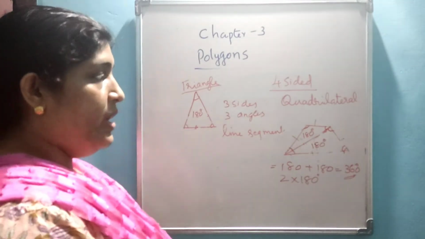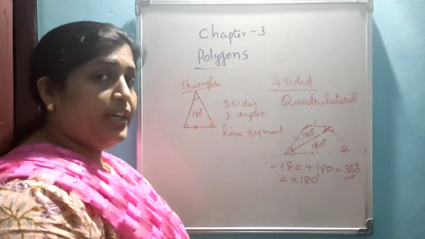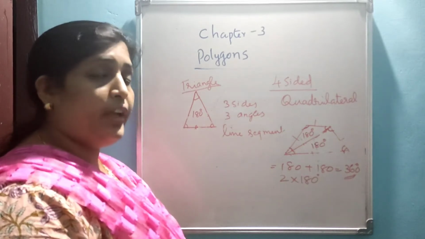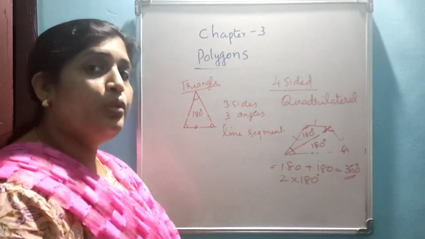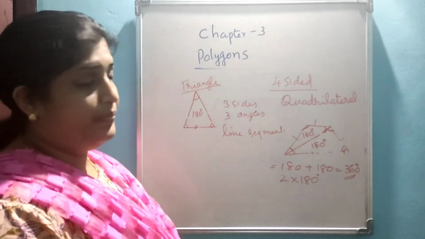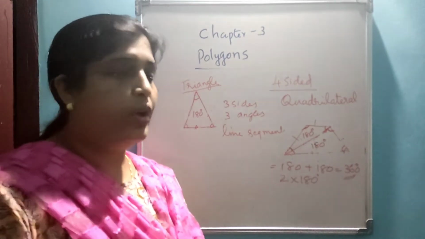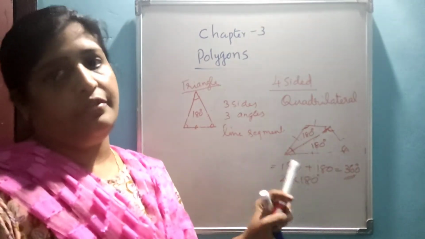A quadrilateral is divided into 2 triangles, and the sum of angles of a quadrilateral is 2 into 180. We have 2 chapters based on the quadrilateral, so this is very important for you.